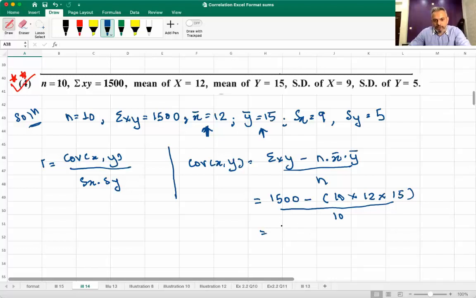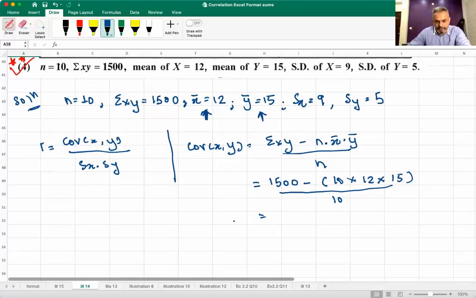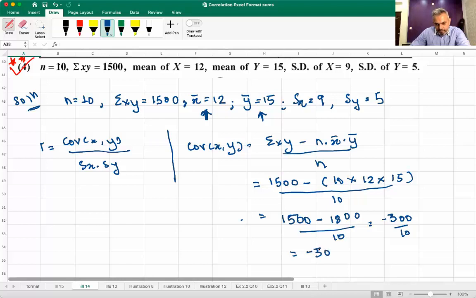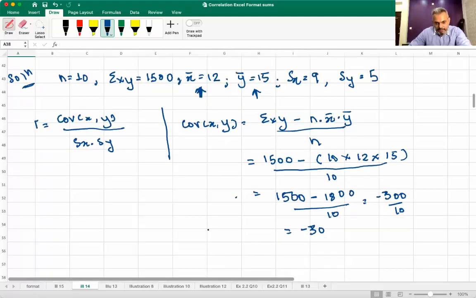That is 1500 minus 1800 upon 10, which is equal to minus 300 upon 10, which is equal to minus 30. So covariance x comma y is equal to minus 30.